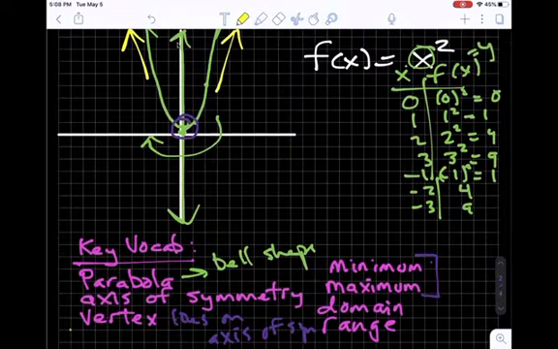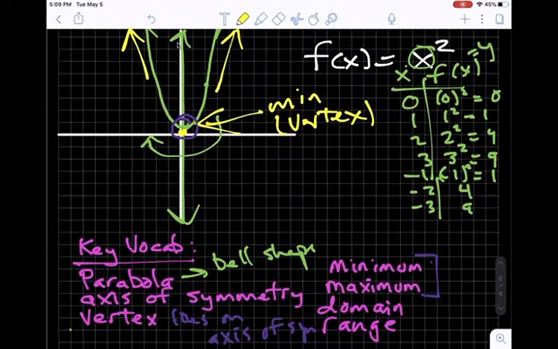But they do have a minimum, and the lowest point they ever get to is right here. I didn't do a good job of drawing that, but the lowest point they get to is 0, so 0 would be the minimum. And the minimum or maximum is always the vertex.